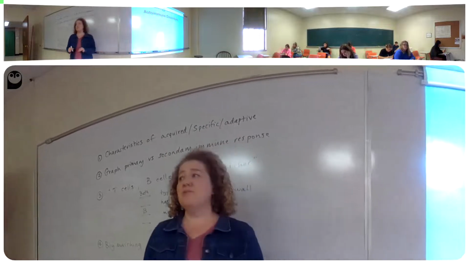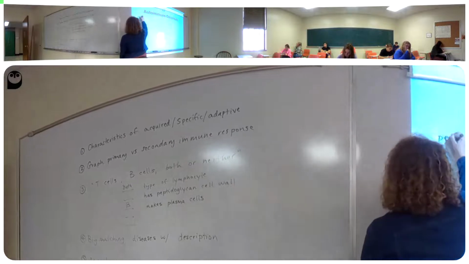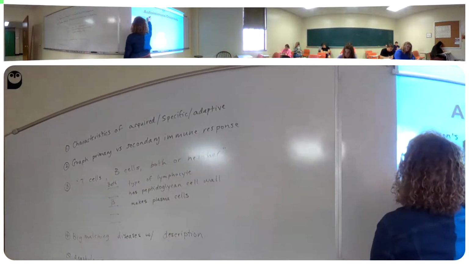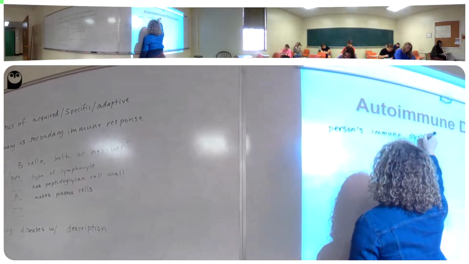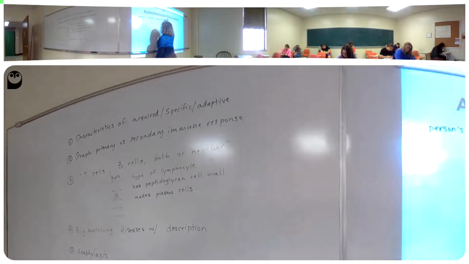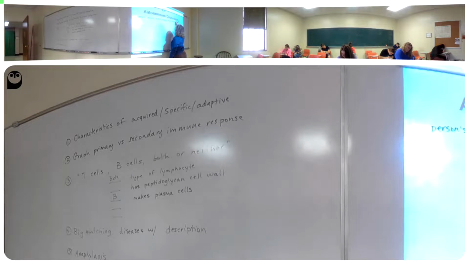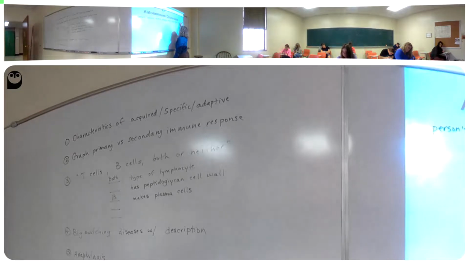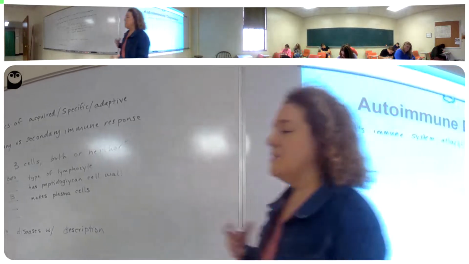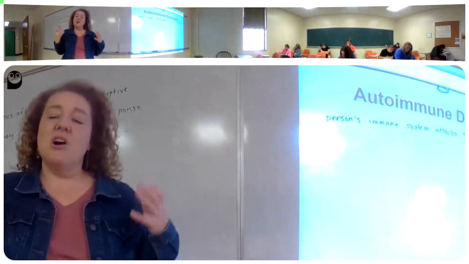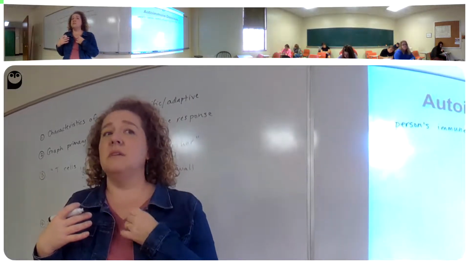Okay, so autoimmune disorders happen when a person's immune system attacks their own antigens. Your immune system is not tolerating your own self-antigens like it should be.